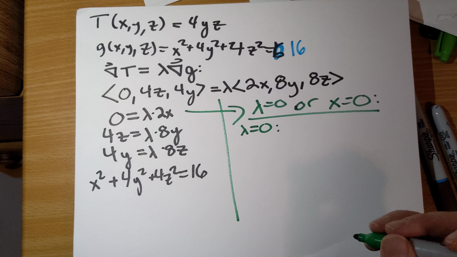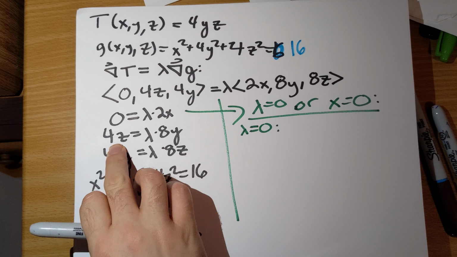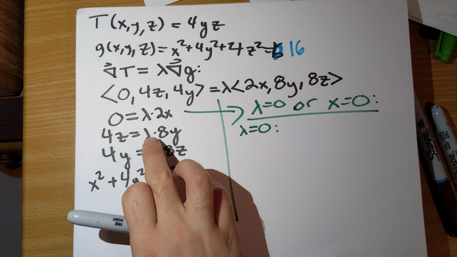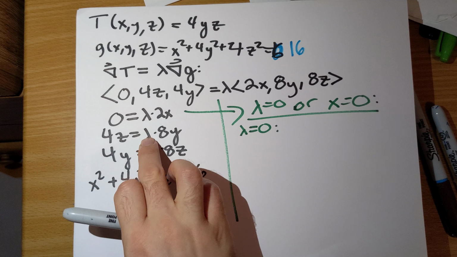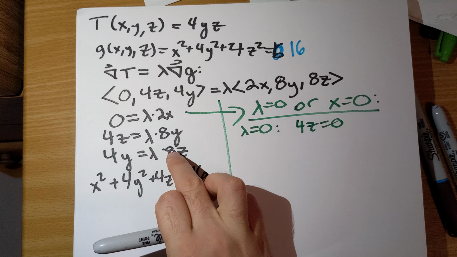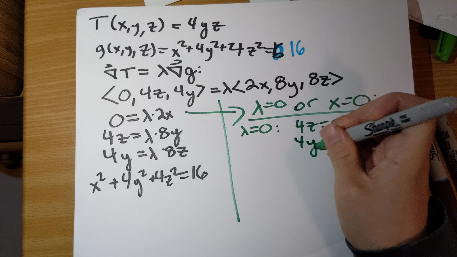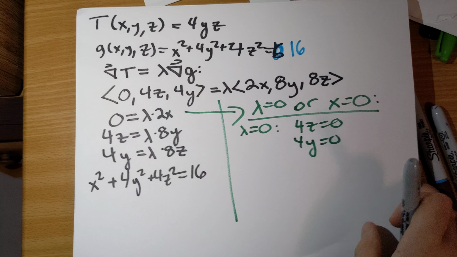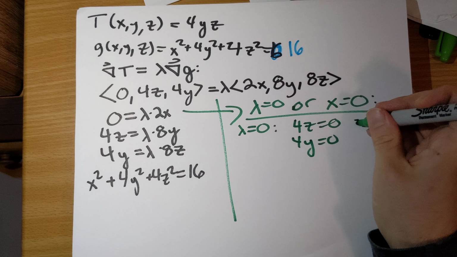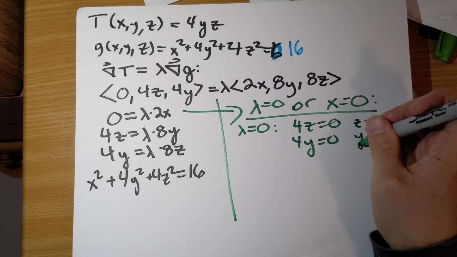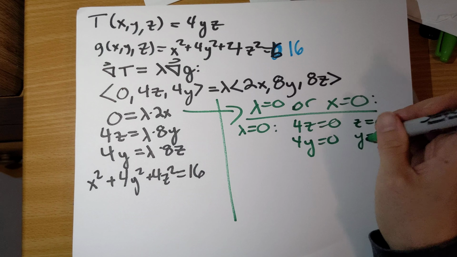If lambda is equal to 0, then the second equation becomes 4z is equal to 0 times 8y. That's just 4z is equal to 0. 4y is equal to lambda times 8z, which is 0 times 8z, so 4y is equal to 0. And so the consequence here is that z is equal to 0 and y is equal to 0.